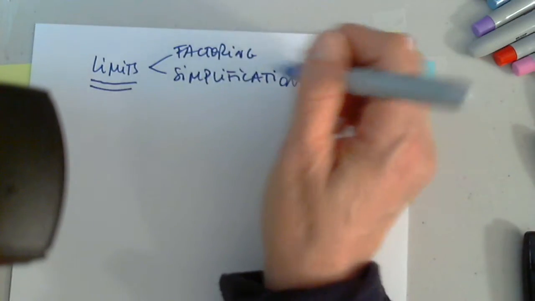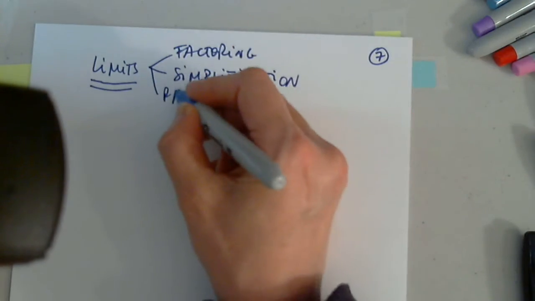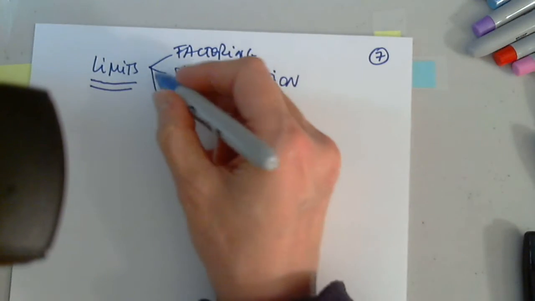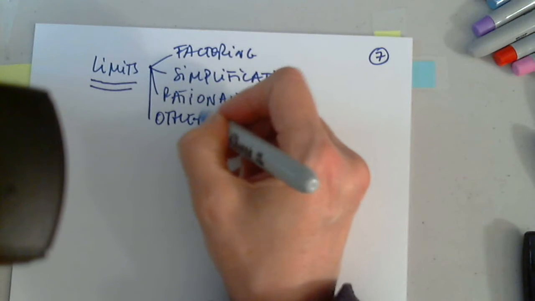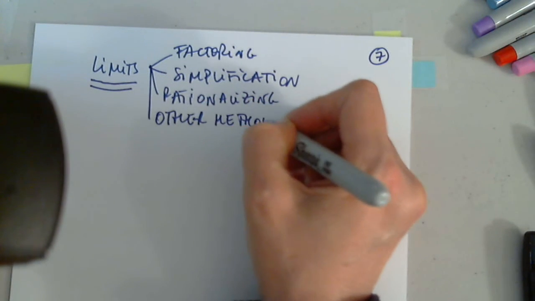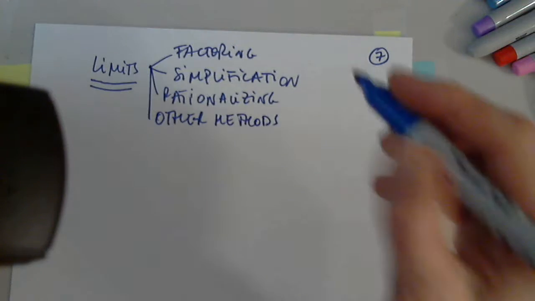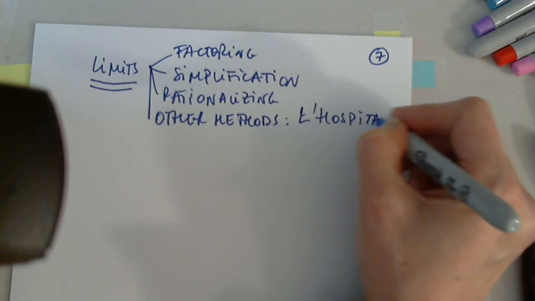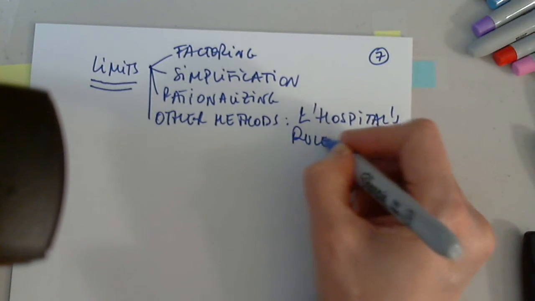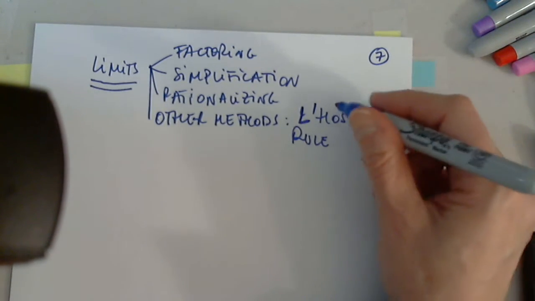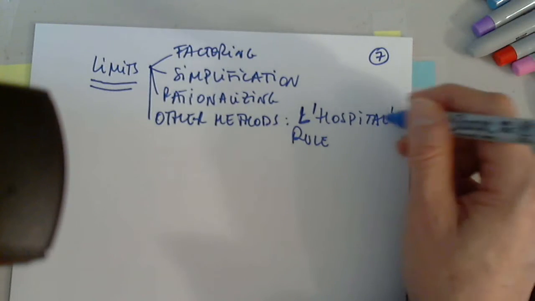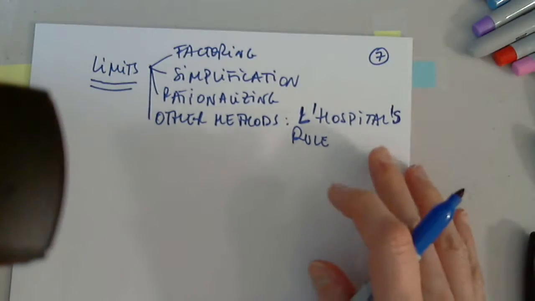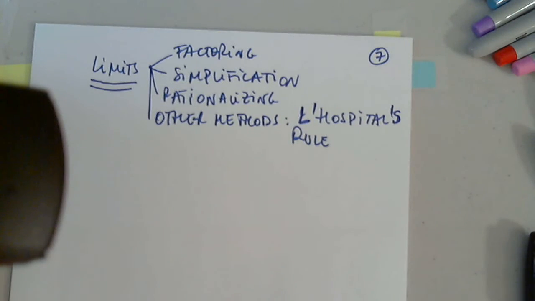Okay. Factoring, simplification, rationalizing. And we will have other methods, like L'Hopital's rule, which we're not ready for, and other methods.